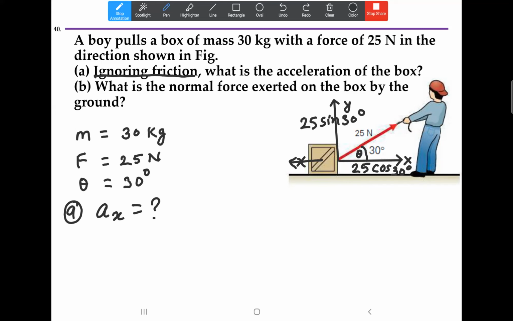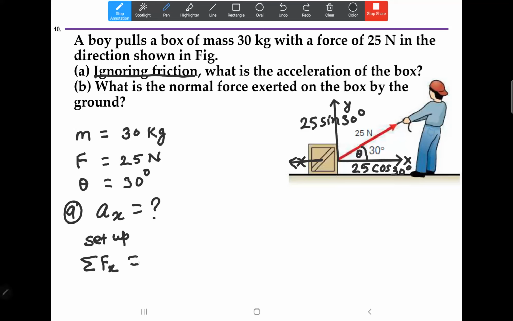The next step is setup. Setup means setting up an equation, so that once we set up the equation, we can solve it. What are the forces along the x-axis? Just look at the forces along the x-axis and sum them. Add all the forces acting along the x-axis.